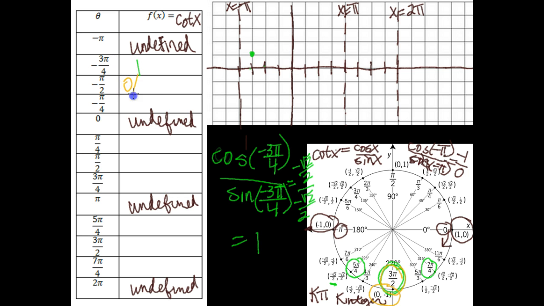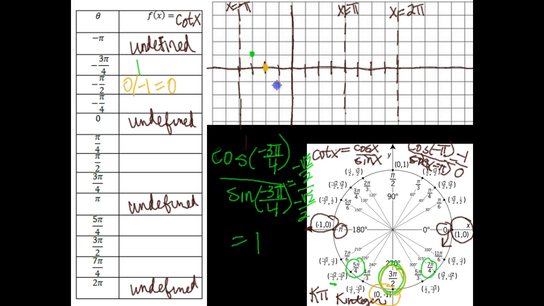So you have 0 over negative 1, which is equivalent to 0. So that's another important feature on cotangent, is the 0. You always look for asymptotes and you look for intercepts. So this would be the x-intercept. Another word for that is 0. Where do you think negative pi over 4 is going to land?